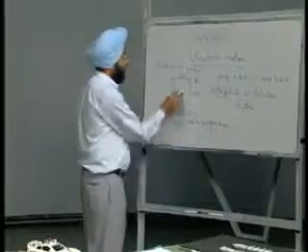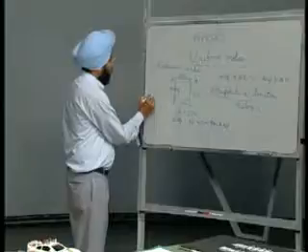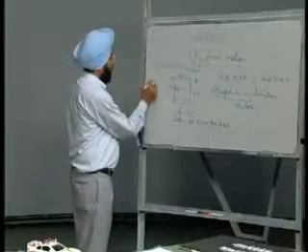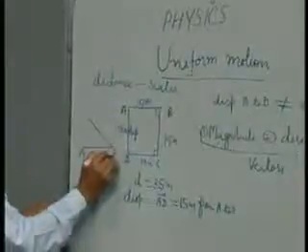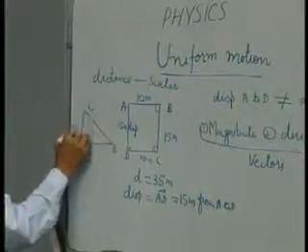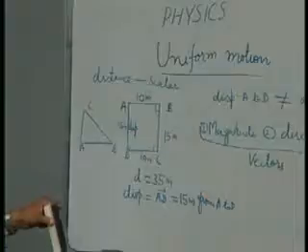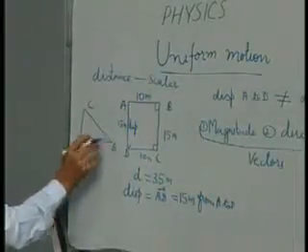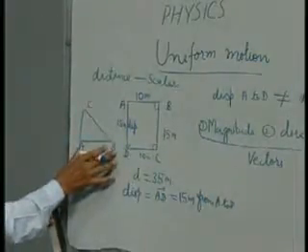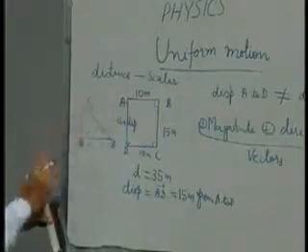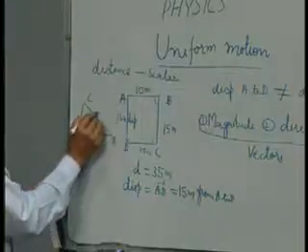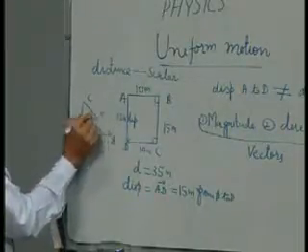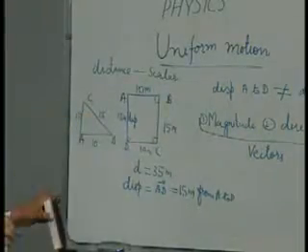Now, another example, we have say A, B, C, and back to A. We move from A, we move distance AB, we move distance BC, we move distance CA, 10 meters, let us say this is 15 meters, 10 meters again.